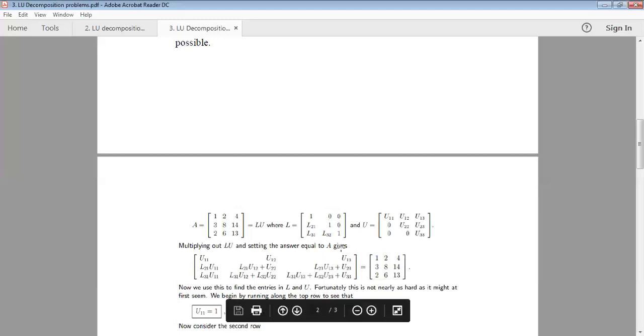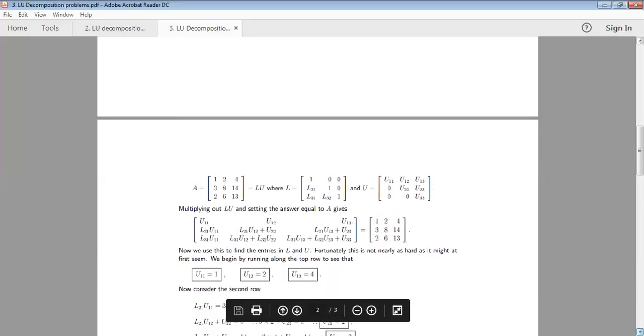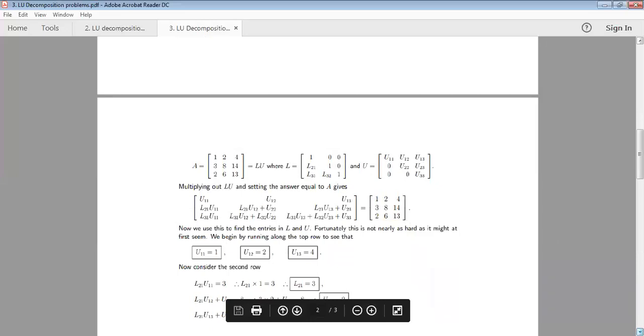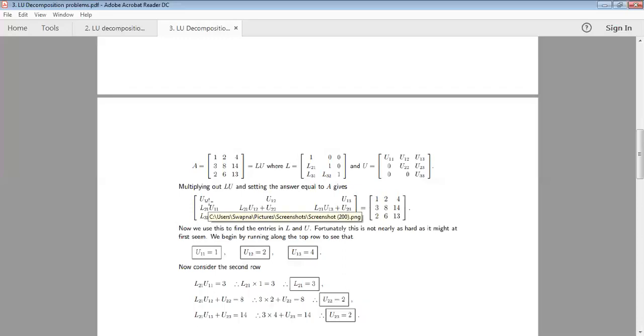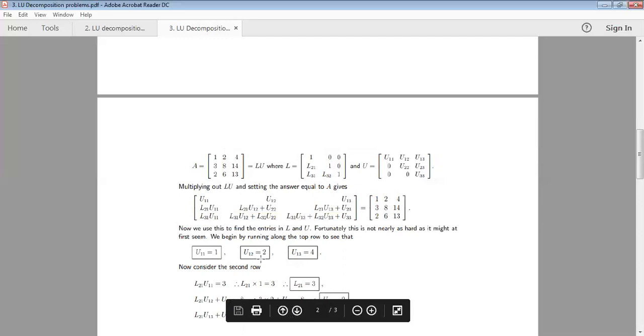This total product of L and U equals A. So A is [1, 2, 4; 3, 8, 14; 2, 6, 30]. Two matrices are equal means corresponding elements are equal. So equating corresponding elements, U11 equals 1, U12 equals 2, U13 equals 4.